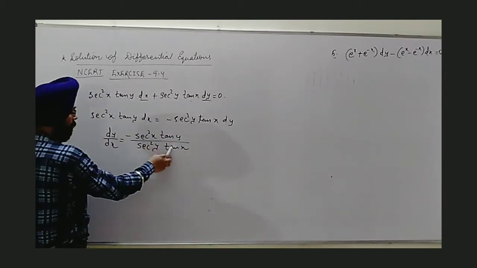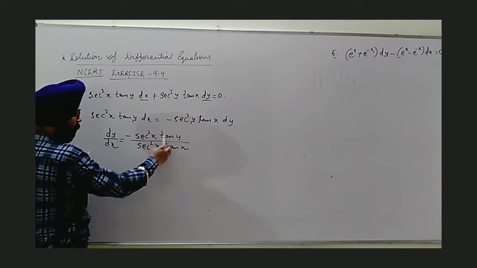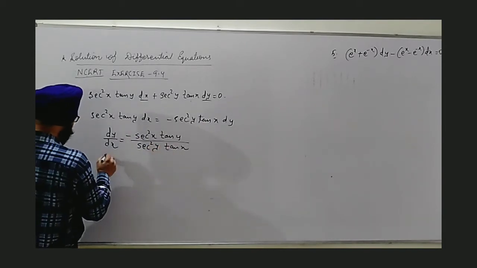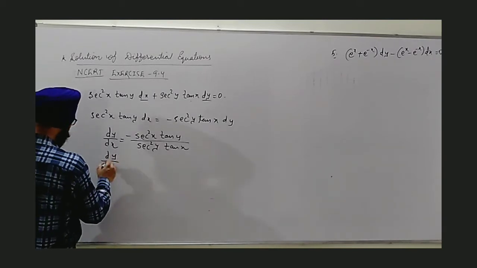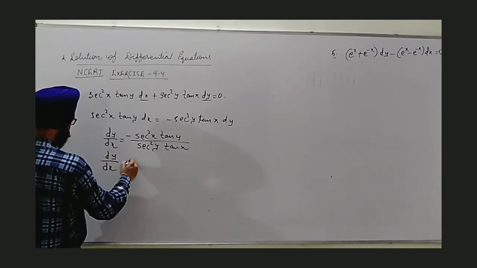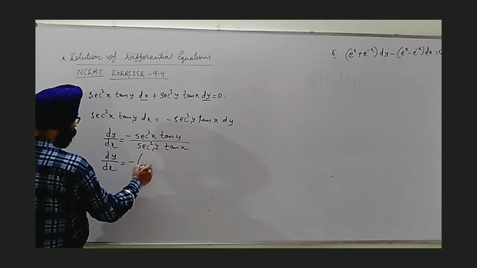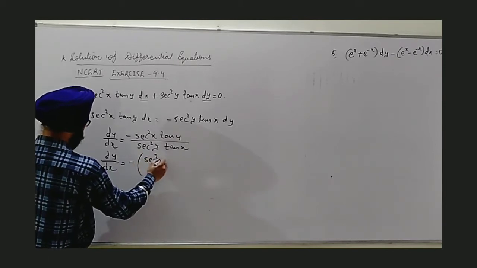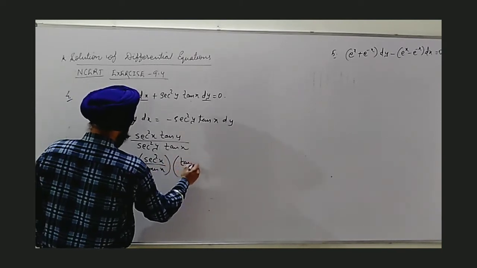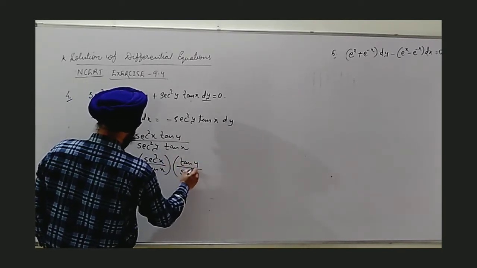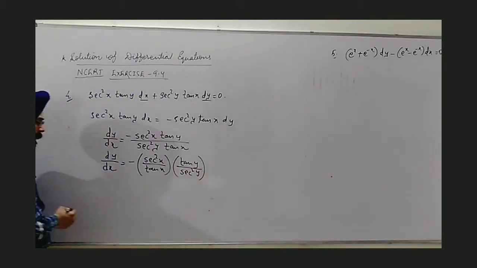Here we have two terms of x, two functions of y. So we can separate them like dy upon dx. This can be written as minus of sec square x upon tan x, tan y upon sec square y. It's separable type, you can see.